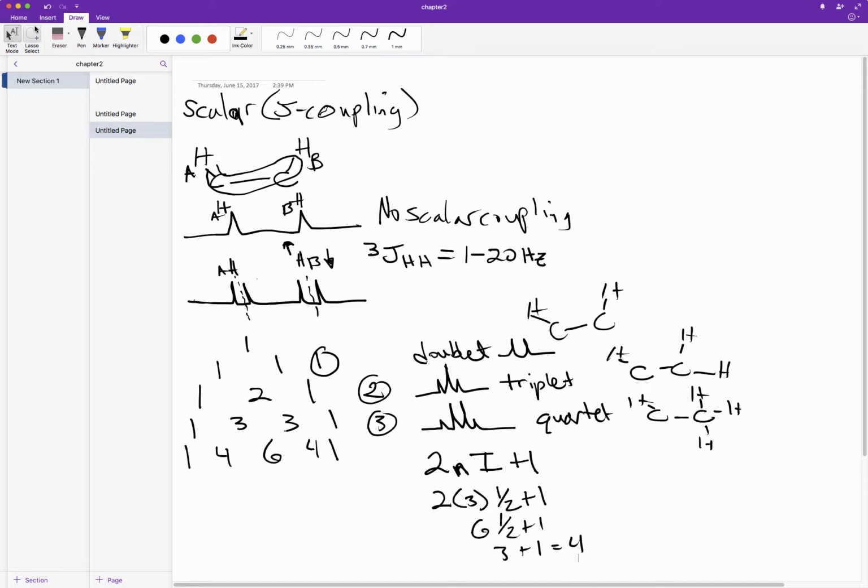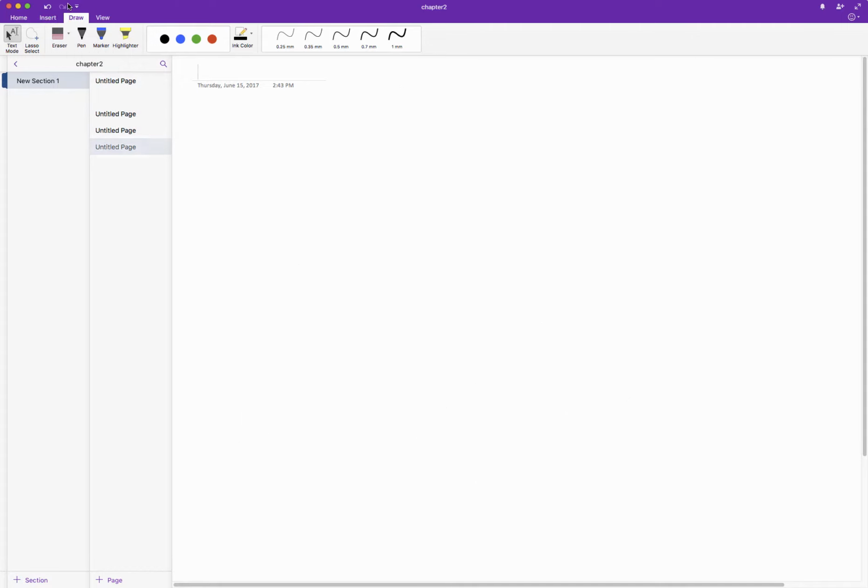Just as an interesting side note, anytime you run NMR, you always run it in a deuterated solvent. Say you run your sample in deuterated DMSO, which has all of its protons replaced with deuterium.